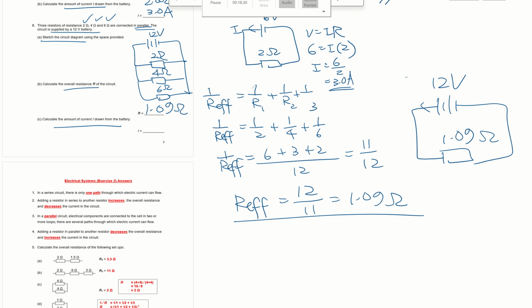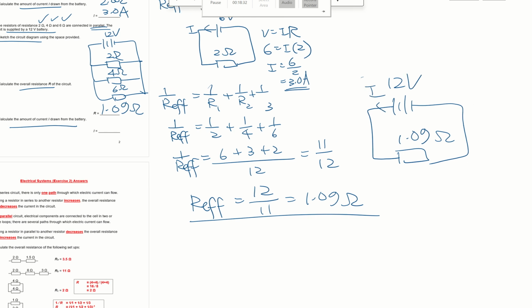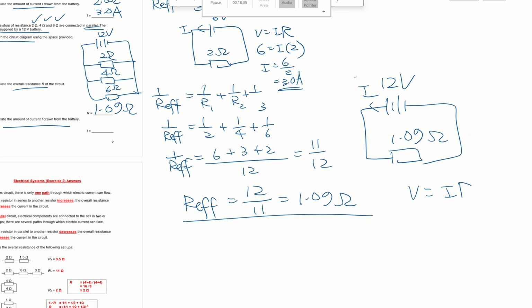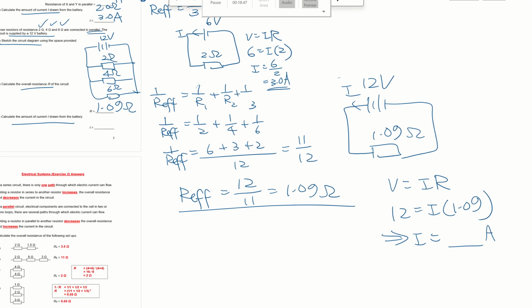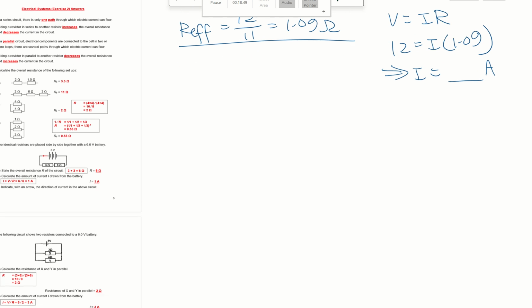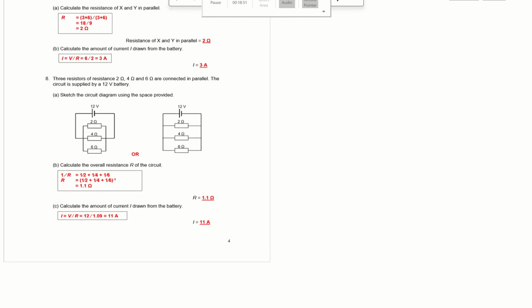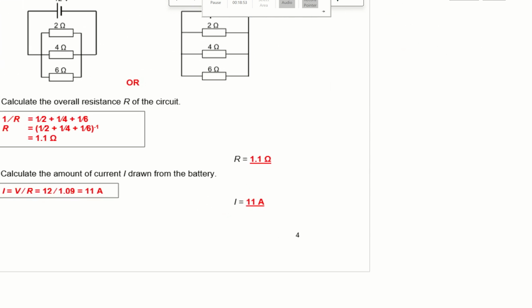So let me find the current. V equals IR, 12 equals I times 1.09, and therefore my current will be, you all can press your calculator, okay? 12 divided by 1.09. Oh, I actually have the answer here. It's 11 ampere, alright? So this is for worksheet 2.